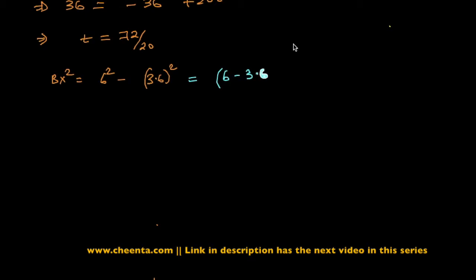So 6 minus 3.6, 6 plus 3.6, and this happens to be 9.6, and this happens to be 2.4, and you can easily compute 9.6 times 2.4.